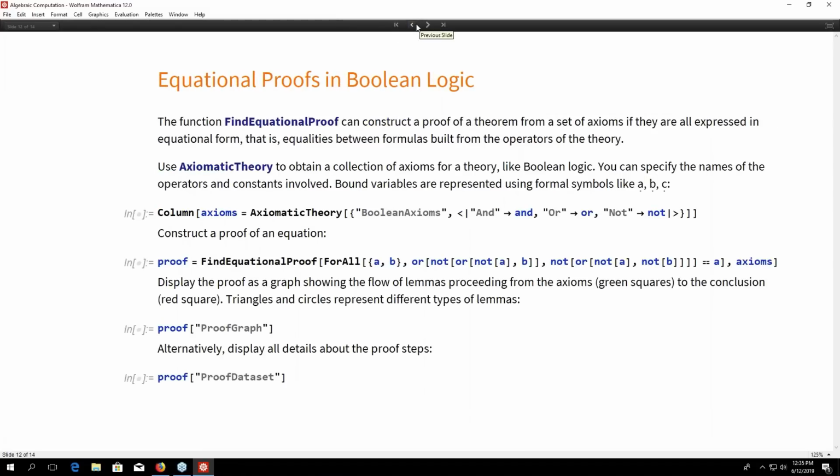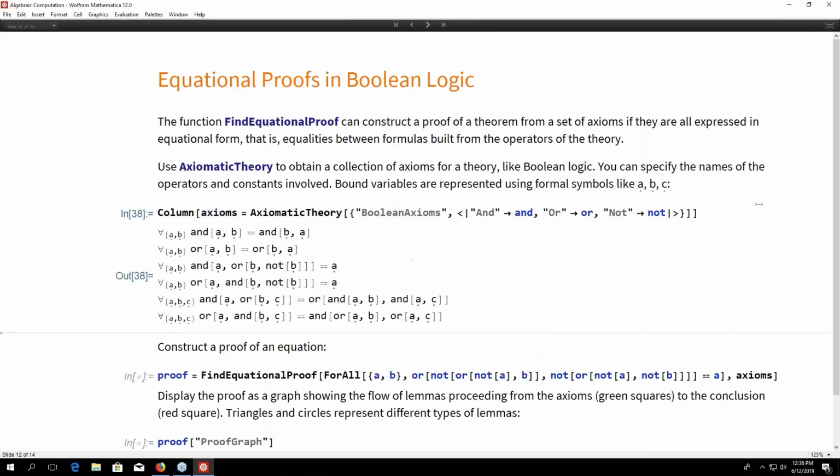Okay, so now let me talk about equational proofs. We have introduced functionality for representing equational proofs in axiomatic theories. So for instance, let's take the axiomatic theory of Boolean algebra from our collection of axiomatic theories.